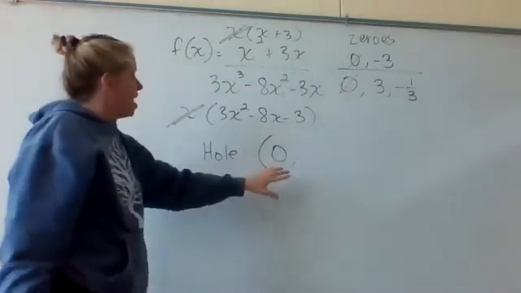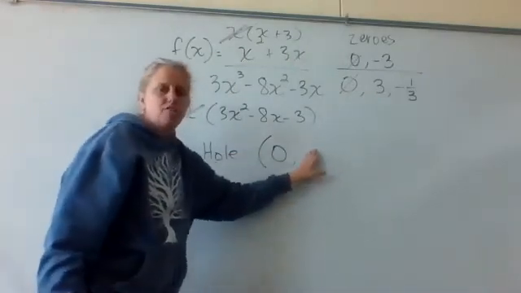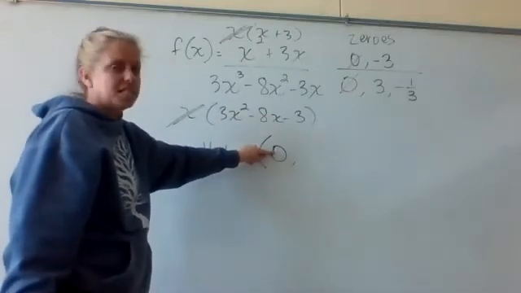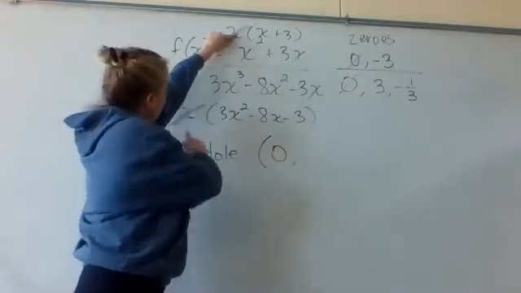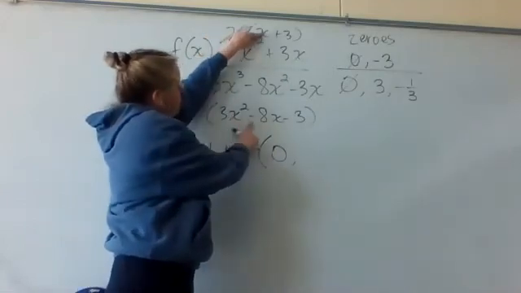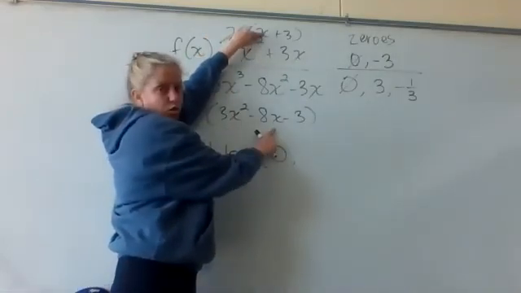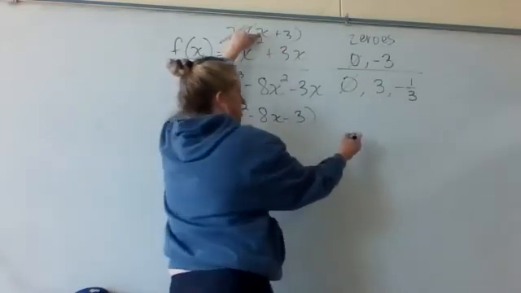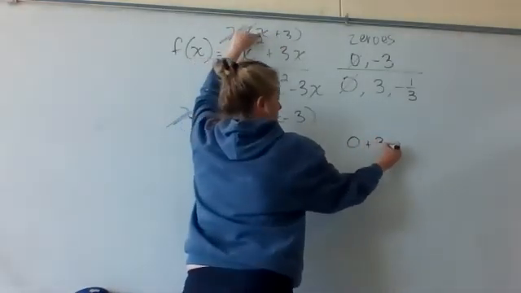So the way you find the other part of this hole is whatever the x coordinate of it is, after you cancel, put that number in the remaining x's. So up top, I have x plus 3. So if I replace its x with a 0, I have 0 plus 3.